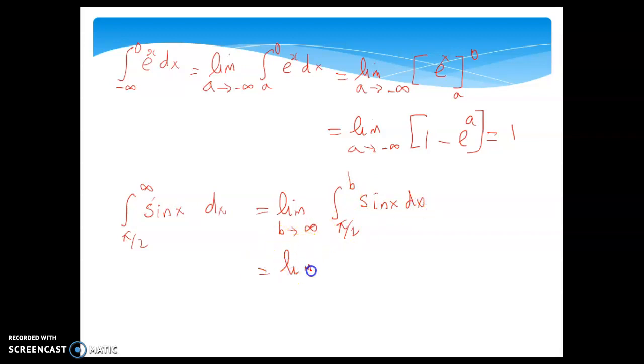So limit as b goes to positive infinity. When we take the integration of sine, we get negative cosine x. We evaluate that from pi over 2 to b.